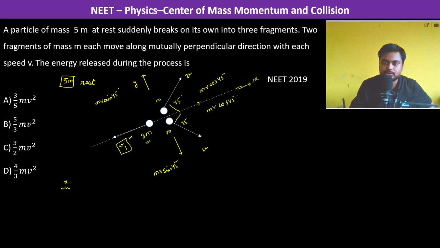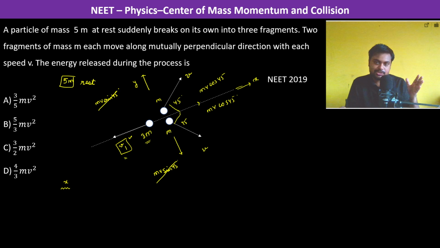Since both are the same in magnitude and in opposite direction, they get cancelled out. Now if this v1 is not along this direction, if it has any other direction theta, then it will have some component in the y direction, and that will not lead to the conservation of momentum in the y direction. So therefore this has to be so.